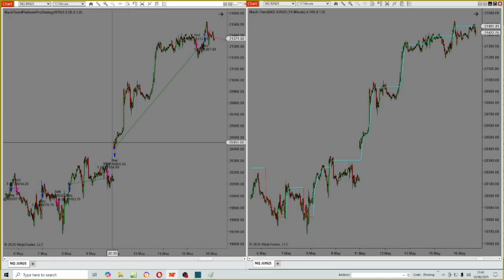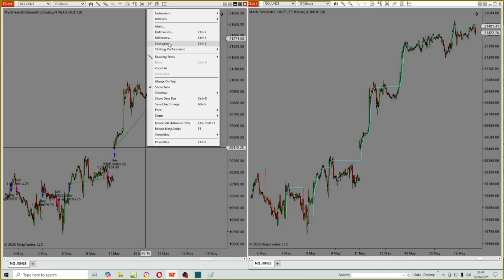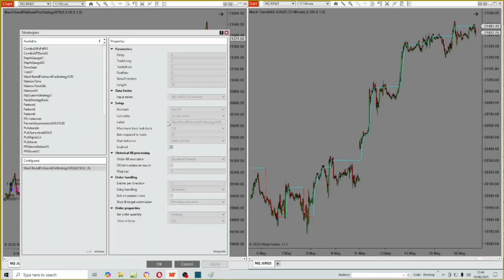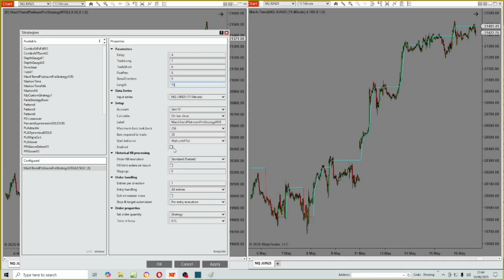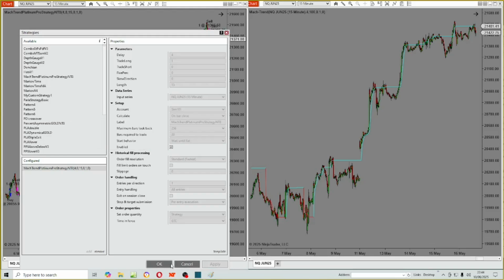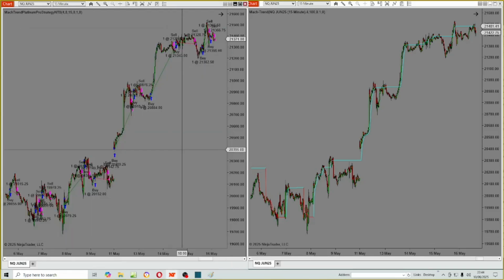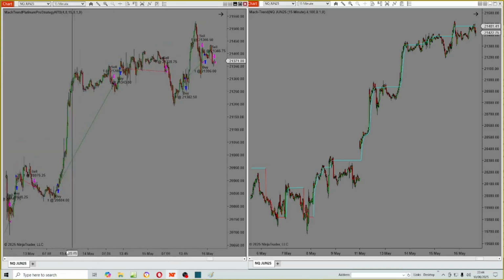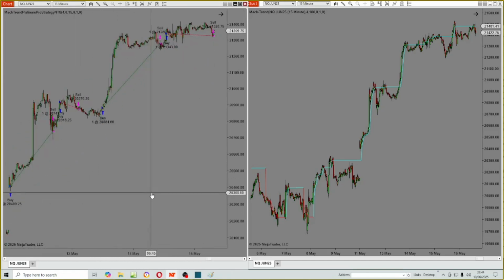We had a few long, short and long trades, and if we change this to make it faster, so we can go for very fast, say for example 15, switch it on. These are both on 15-minute Nasdaq, so you can see it's much faster, and it tracks the price action when the price action is serious.